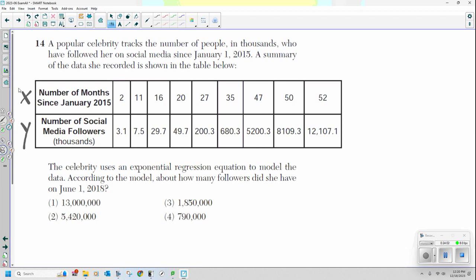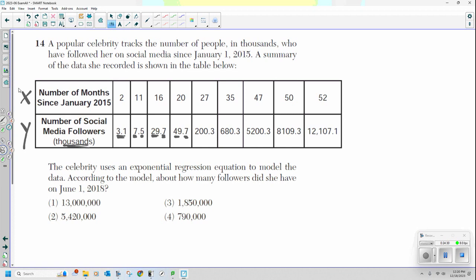And they give us the number of months as our x, and the y, or the output, is the number of social media follows in thousands. So just because it says 3.1, that's 3.1 thousands. That's 3,100, 7,500, 29,700, 49,700, and so forth. Okay? So we really just multiply that number by 1,000. Remember that. That will give us the exact number.